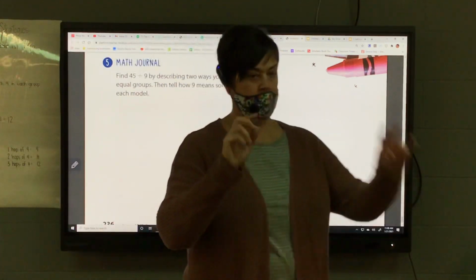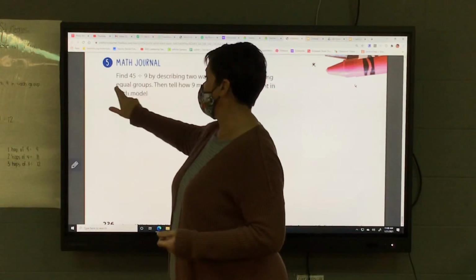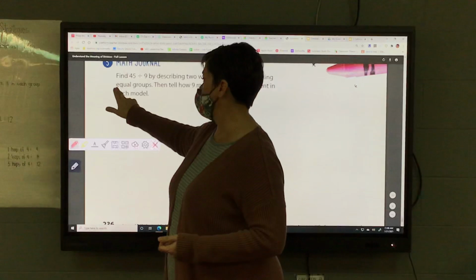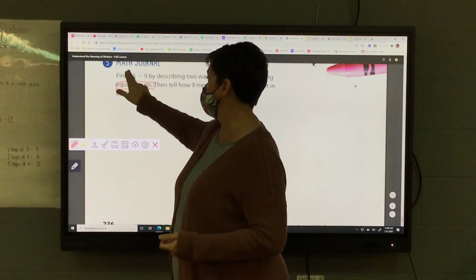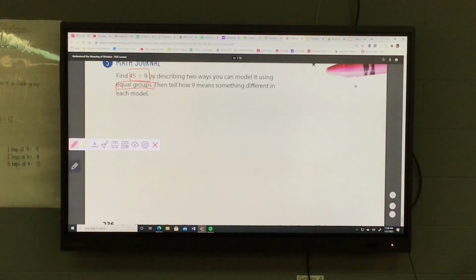First thing, show 2 different ways to make equal groups with the information here. 2 different ways using equal groups. So are you drawing 2 different pictures? Yes, you are.